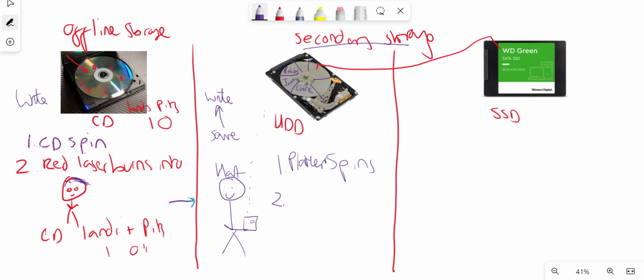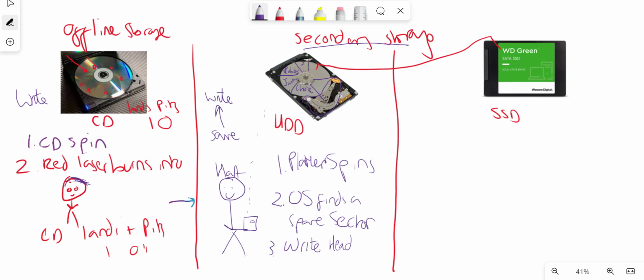Step 2, the operating system which runs his computer finds a spare sector. So this one is full, this one is full, this one's full, but this one's free. Cool. Step 3. This giant arm is called a write head.